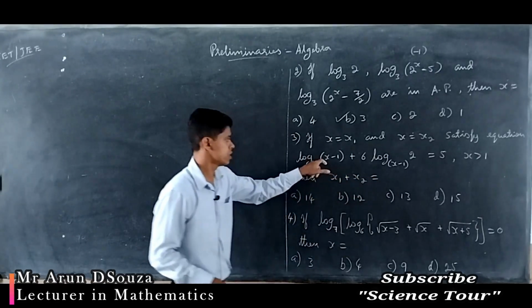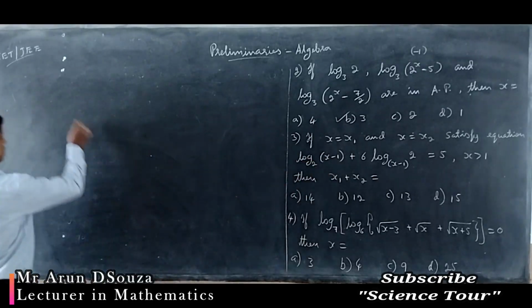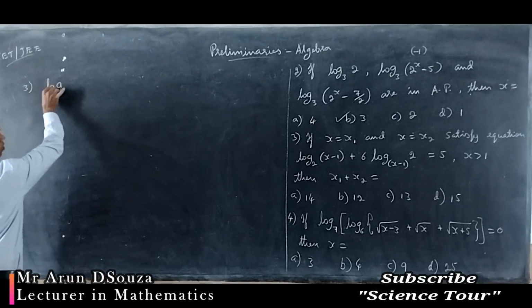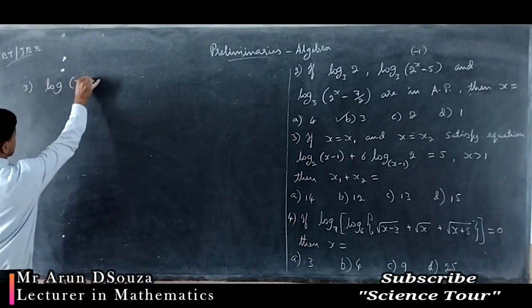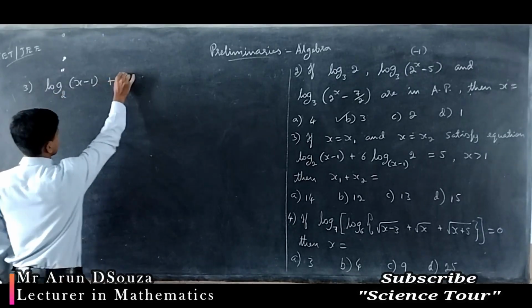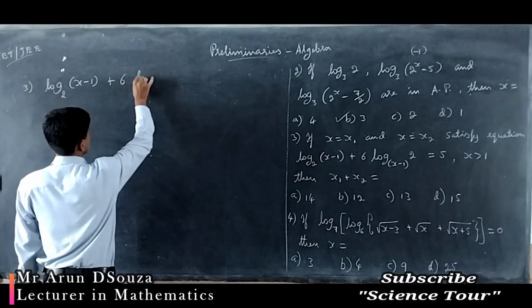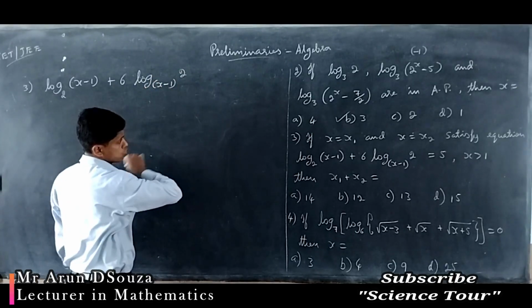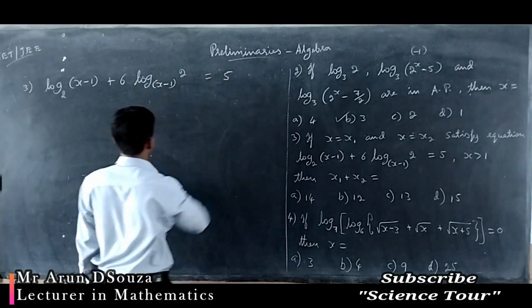So now start with this expression. Question number 3: log of x minus 1 to the base 2, plus 6 log 2, that is equal to 5.